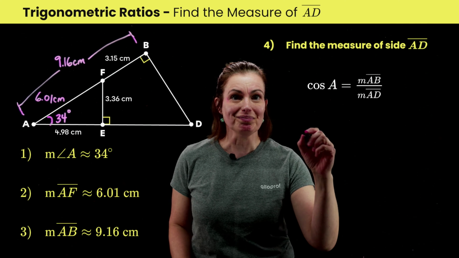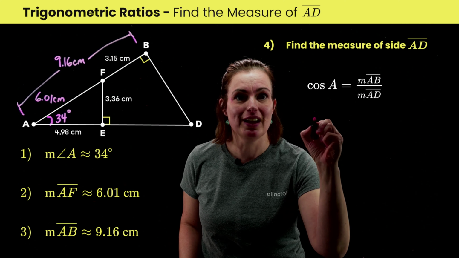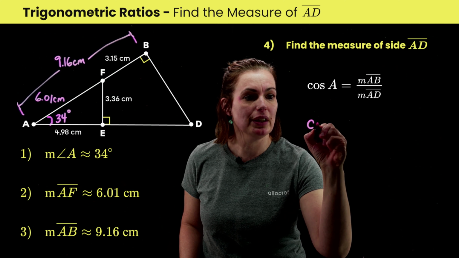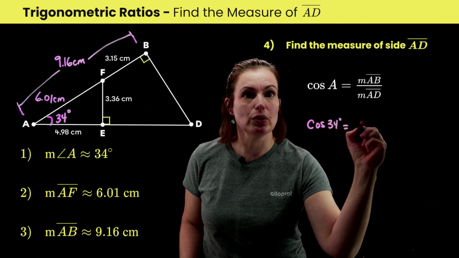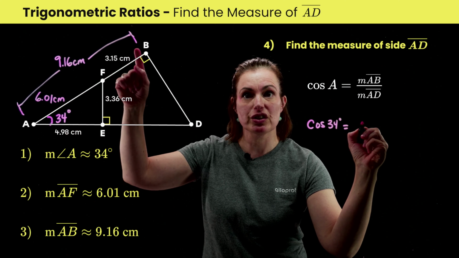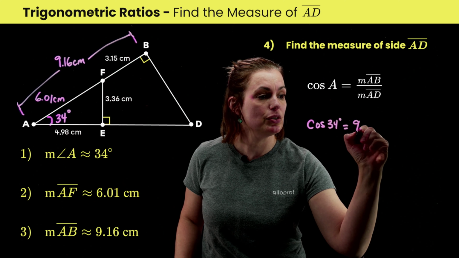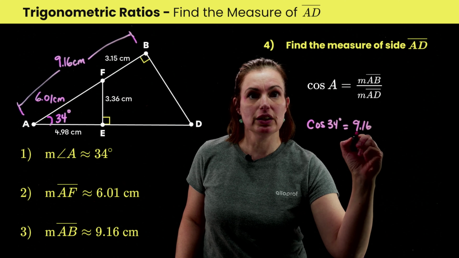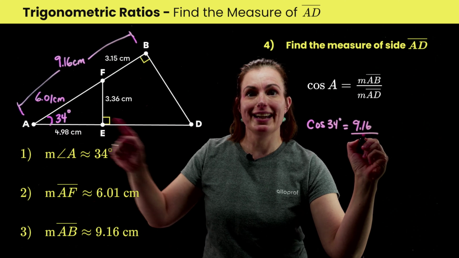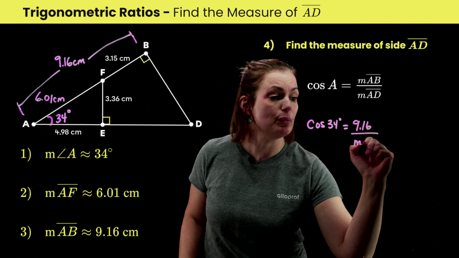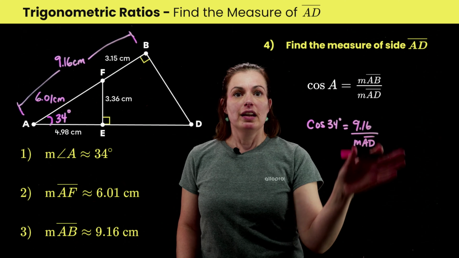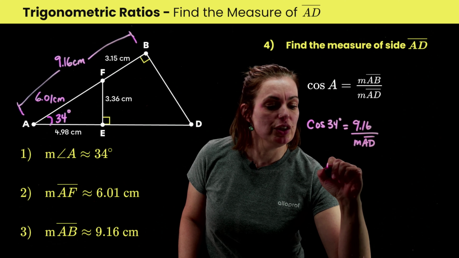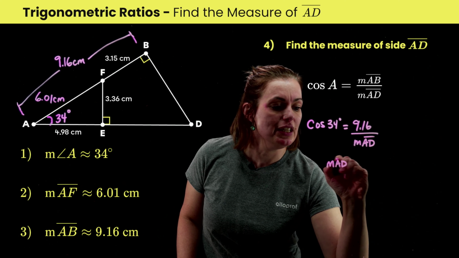So I plug in what I have. I have 34 degrees. So cosine 34 degrees is equal to the measure of AB, which is the 9.16 centimeters that we just calculated, over the measure AD, which is the length that I'm looking for and the hypotenuse on the larger triangle. I have to manipulate this equation to isolate for the measure AD, just like that.